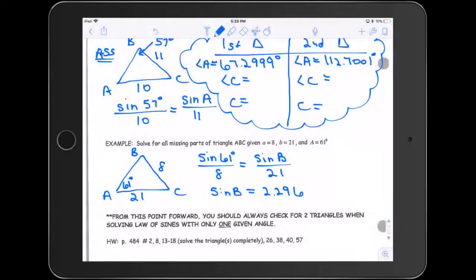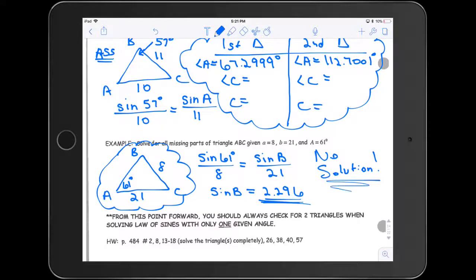And we've talked a lot about this, where if you end up with a sine value greater than 1, it's wrong. There's no solution. So this is saying that this triangle can't exist. So there's no solution to this problem, which is kind of awesome.